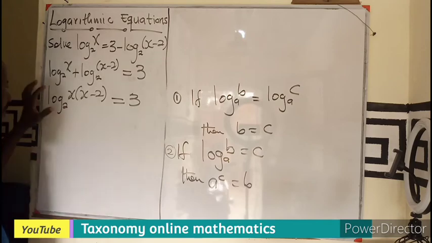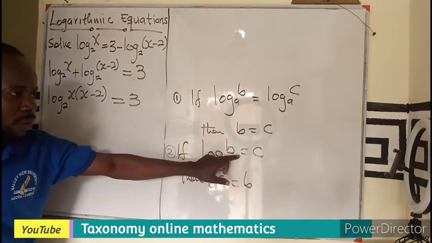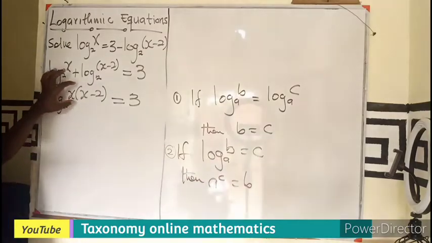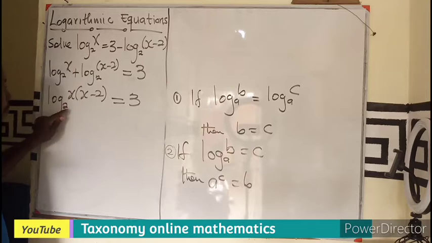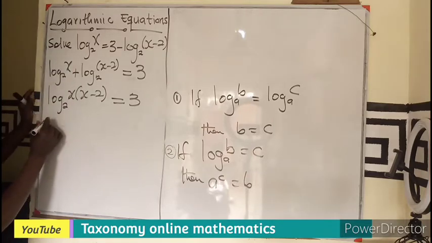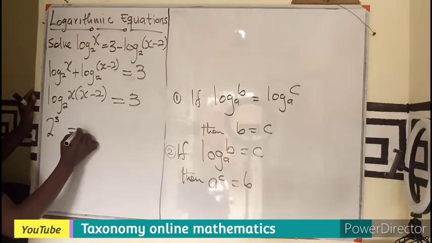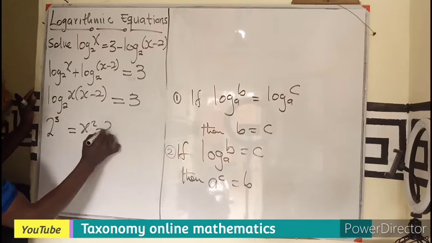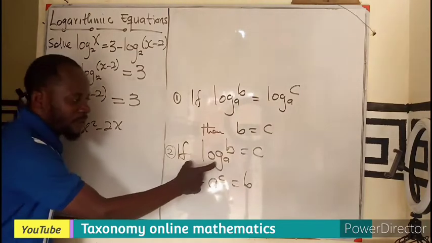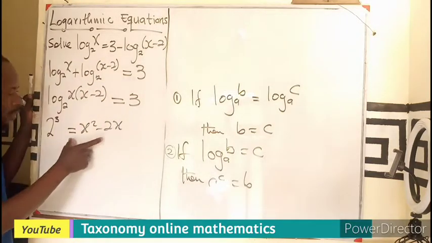So you can see that I'm having the same form: log b base a equals c. This can be expanded. Log base 2 equals 3. So in this case, I will say that 2 exponent 3 equals x squared minus 2x. Per movement from logarithm to indices, or to exponential indices, I'll get this.